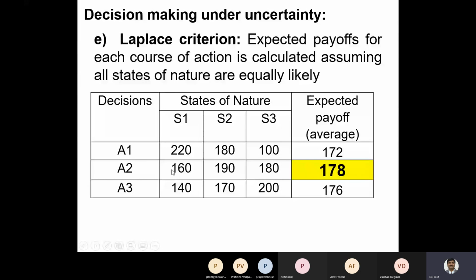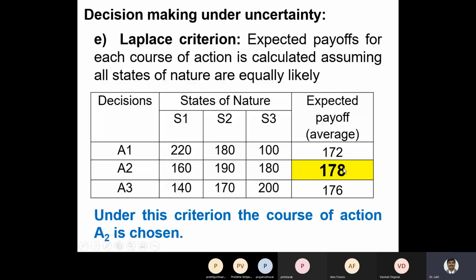Then 160 plus 190 plus 180 divided by 3 is 178, and 140 plus 170 plus 200 is 176. Among these expected payoffs, the maximum is 178, so under Laplace criteria, the decision A2 is chosen.